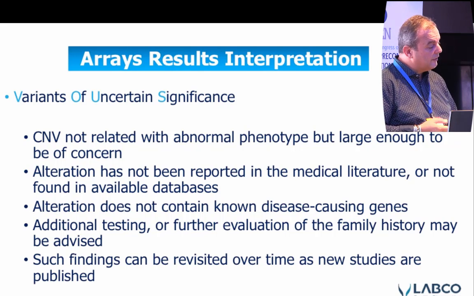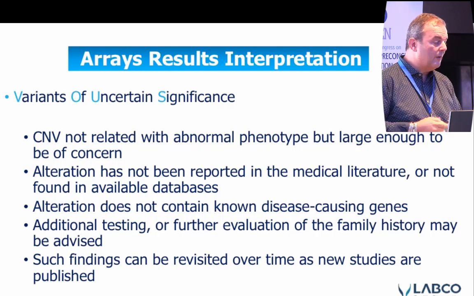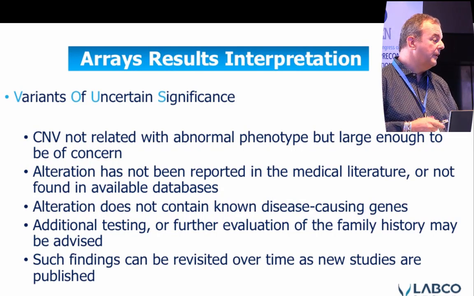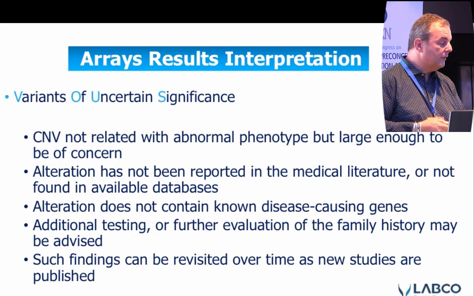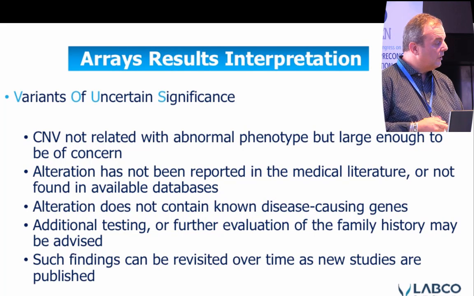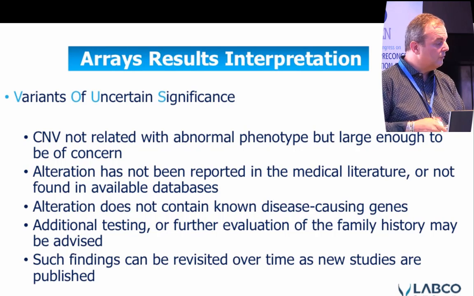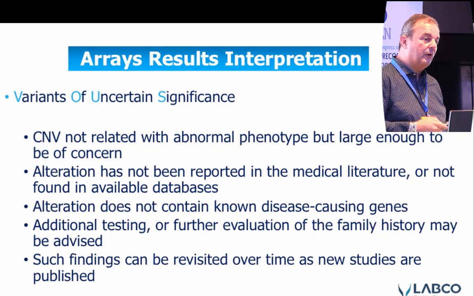This means the copy number variant observed is not clearly related to an abnormal phenotype, but is large enough to be of concern. The alteration has not been reported in the medical literature or is not found in available databases, and does not contain disease-causing genes. In this case, additional testing used to be required, evaluation of the family and also the family history to try to find out.